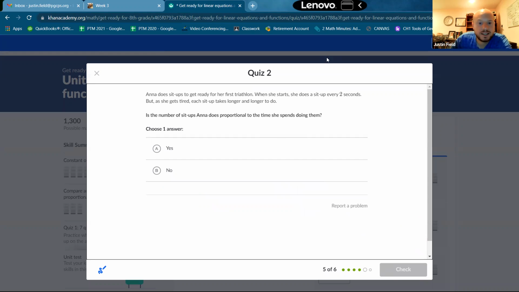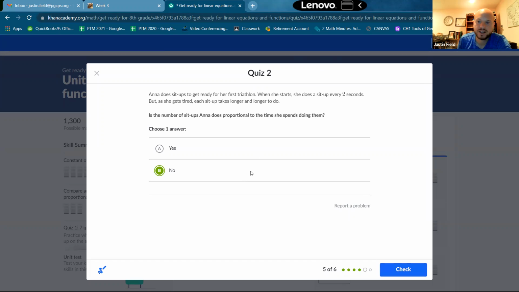Anna does sit-ups to get ready for her first triathlon. When she starts, she does a sit-up every 2 seconds. Ratio, 1 sit-up for every 2 seconds. But as she gets tired, it takes longer, of course. Is the number of sit-ups proportional?